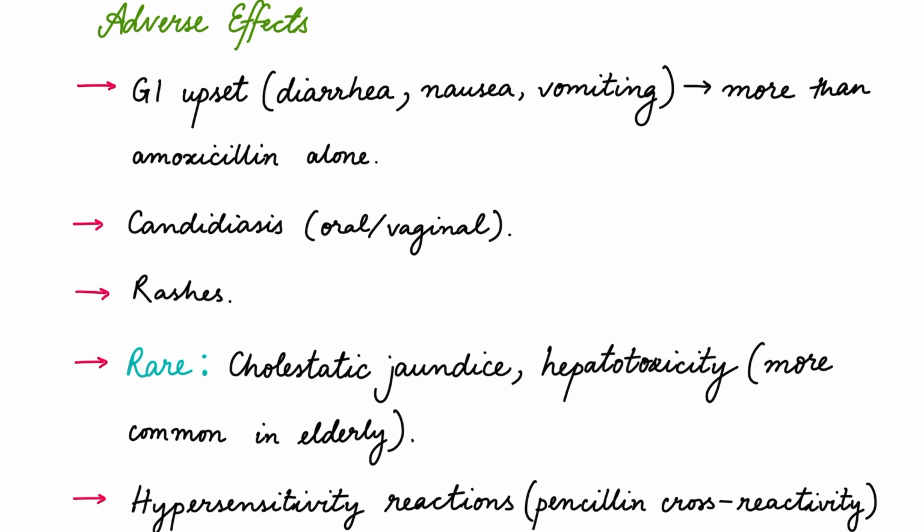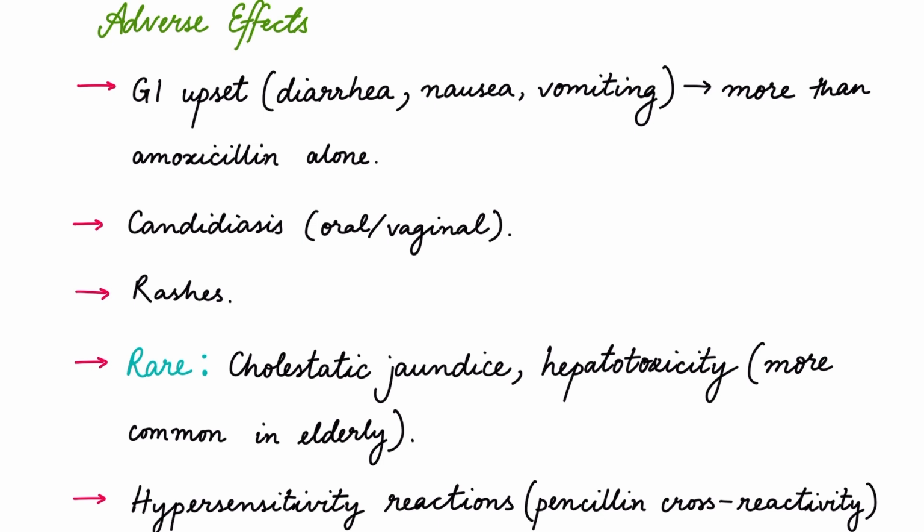Now let us briefly look at the adverse effects. Gastrointestinal side effects such as diarrhea, nausea, and vomiting are more common with clavulanate containing combinations than with amoxicillin alone. This is because clavulanate tends to irritate the gut.